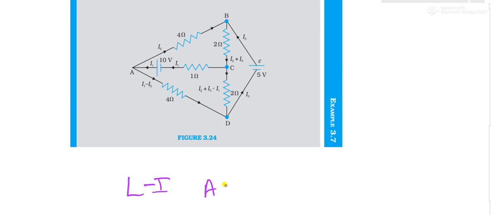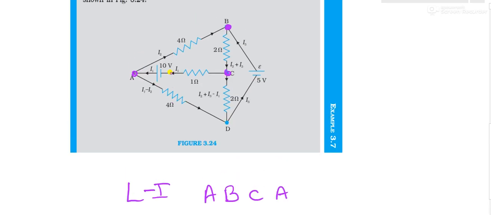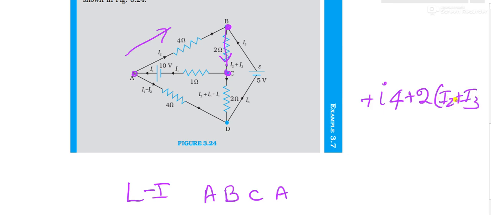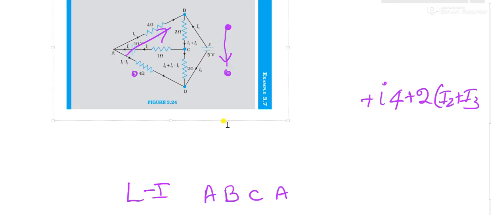A, B, C, A. I have taken A, B, C, A as a closed loop. One battery is also there. So I2 times 4 ohms is positive, as I said, same direction, because I am going in this direction. Again I am coming this side, B to C, it's going to be 2 ohms times I2 plus I3.